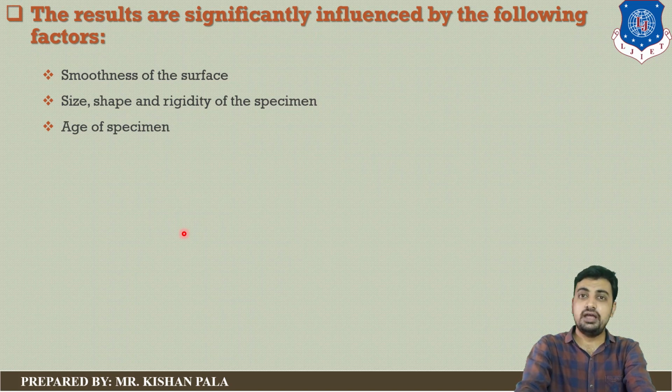And next one is the age of the specimen. If you are measuring at the end of 3 days, this will give you a lower rebound value. If you are measuring the compressive strength at 28 days, this will give you a higher rebound value. So the rebound value increases with the age of the concrete mass.